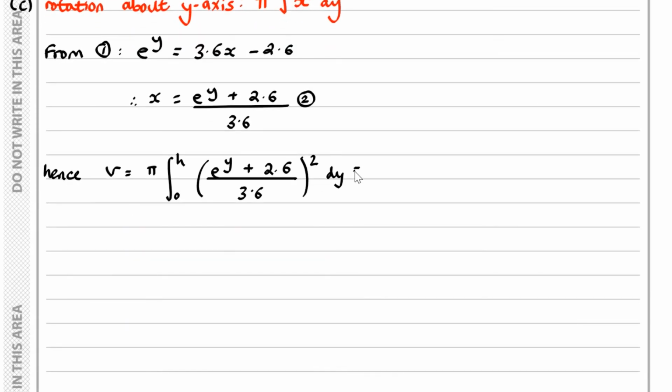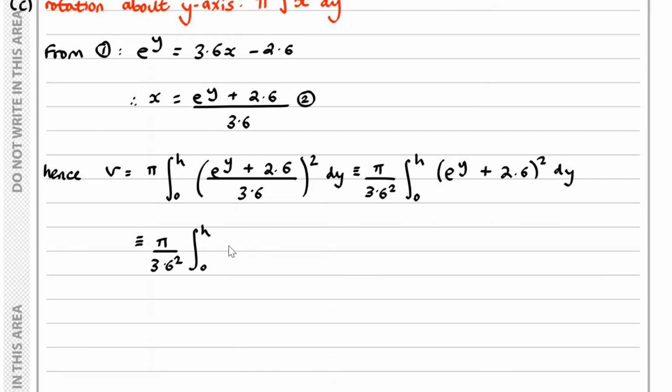So this is equivalent to pi over 3.6 squared lots of the integral from 0 to h of (e to the power of y plus 2.6) squared dy, which is equivalent to pi over 3.6 squared times the integral from 0 to h of e to the power of 2y plus 5.2 e to the power of y plus 6.76 dy.